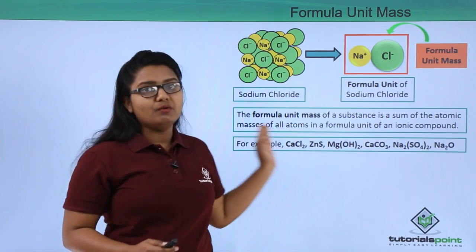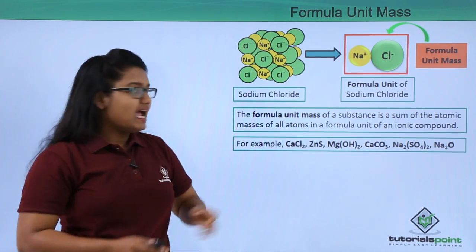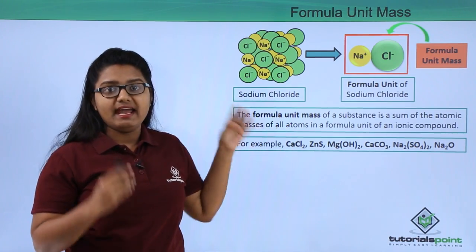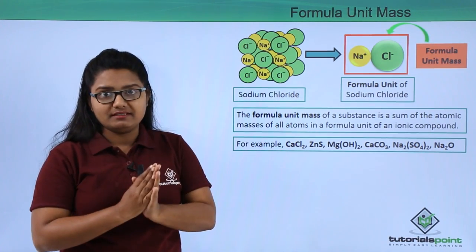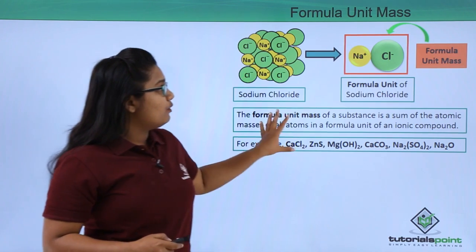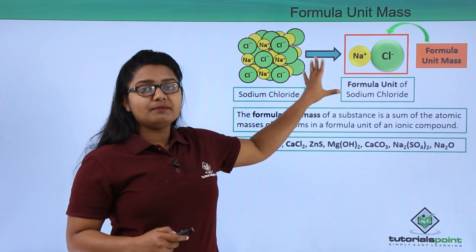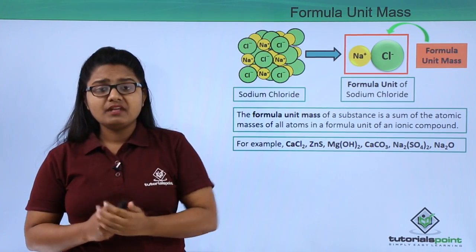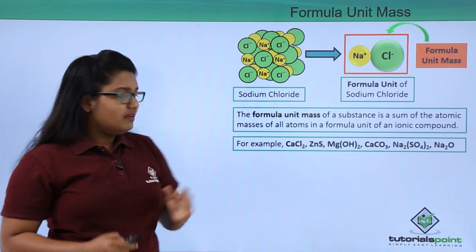All these compounds are ionic compounds, and we find out the formula unit mass of these compounds and not the relative molecular mass. Now let us go ahead and find out the formula unit mass of sodium chloride. We'll use the same procedure, only the name is different.